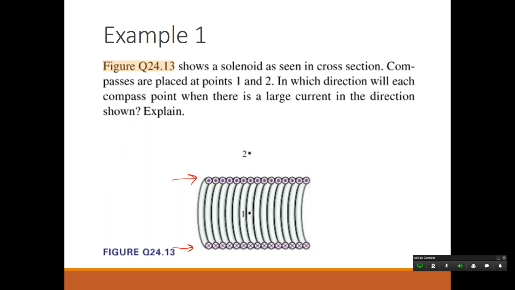At point I, the magnetic field is going to be towards the right, and it curls around and comes back this way. Like that.